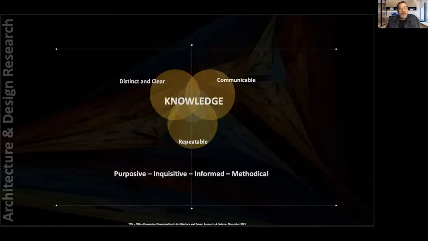Describable in words, text, illustrations, and graphics. Repeatable, which means that others repeating the same research exercise must come to the same finding or very similar findings if they are adopting the same methods and following the same research protocol. It should also be purposive, inquisitive, informed, and methodical. These qualities, in my view, are a must in any research exercise and associated dissemination effort.